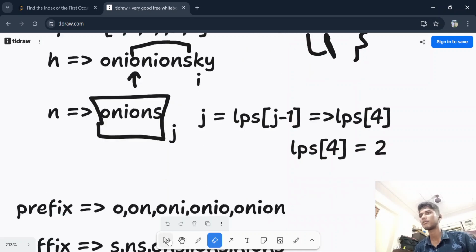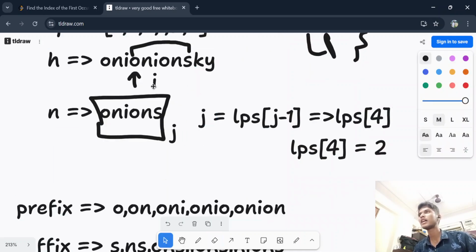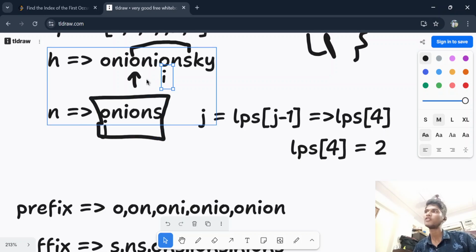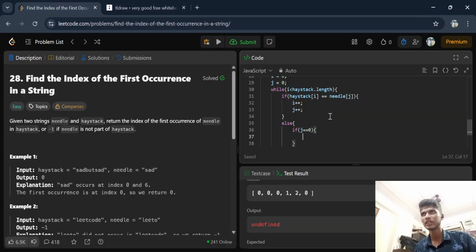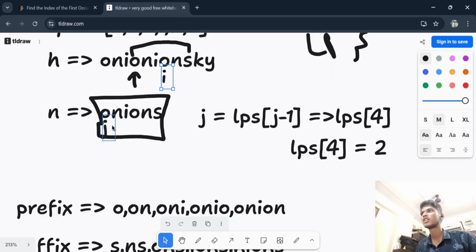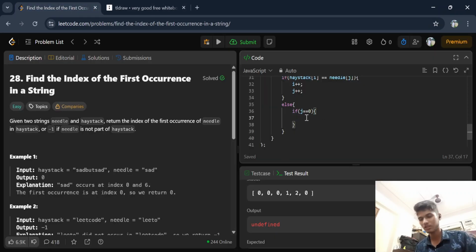See, I'm taking this example only. Suppose i is here and j is at the 0th position, they are not matching. Just move i. They are not matching. Just move i. If they match, then we are doing this if condition. If they match, move j and i both.